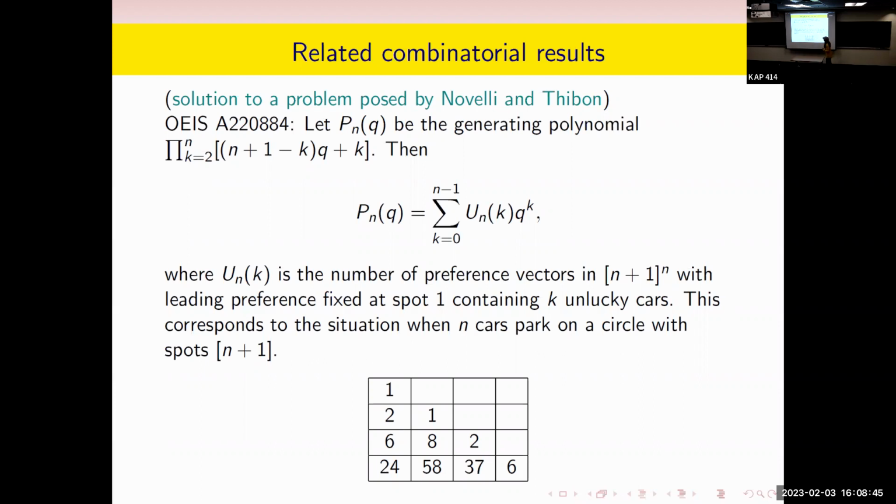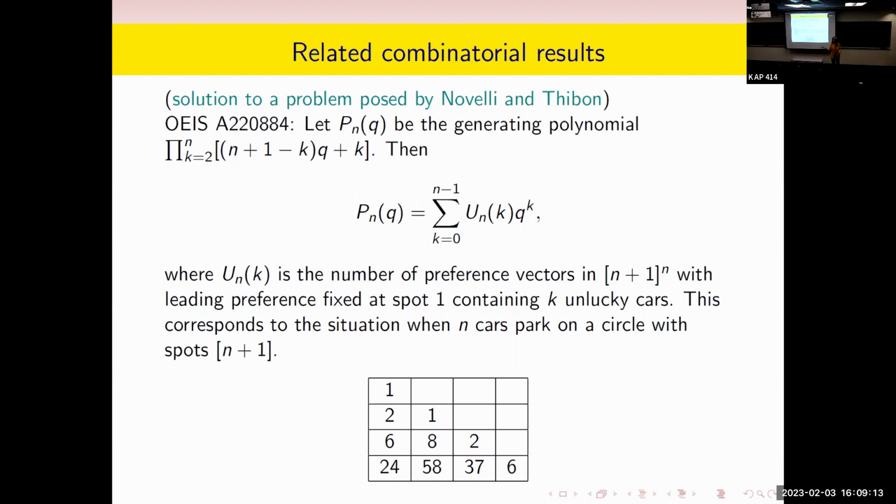So it turns out that if we are asking about parking functions on the circular street, where the first car always prefers the first spot, and all the other cars can prefer any spot they like, and then I'm asking about K unlucky cars. An unlucky car just means a car that was not able to park in its preferred spot.